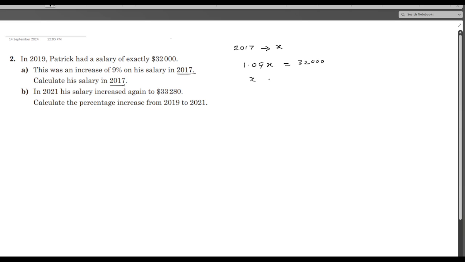So this gives you the value of X as 32,000 divided by 1.09.